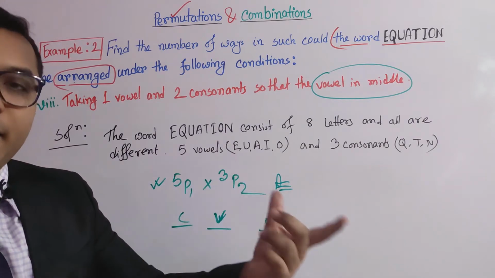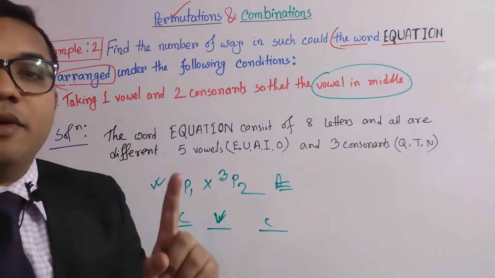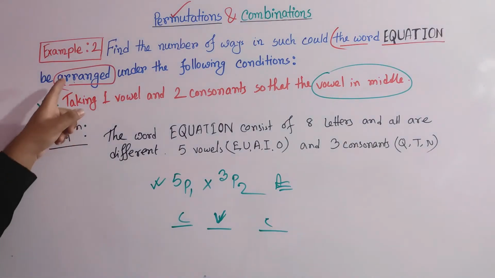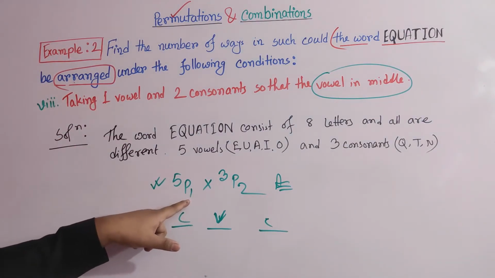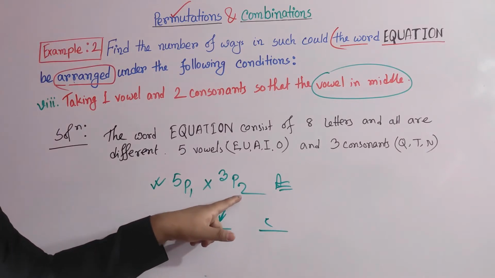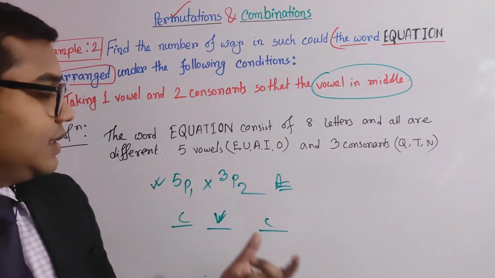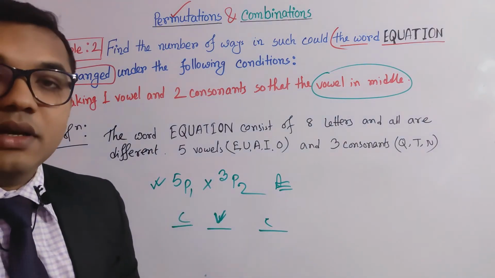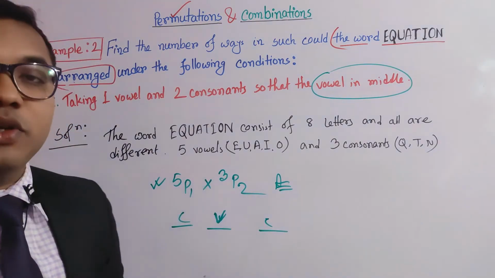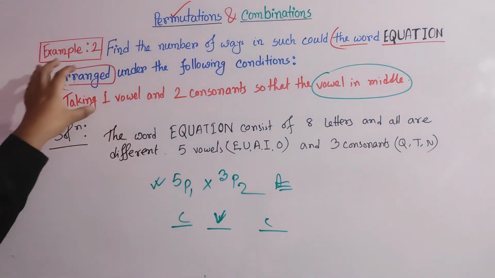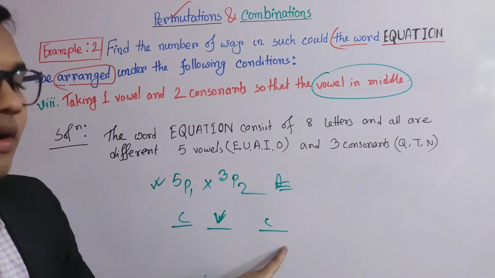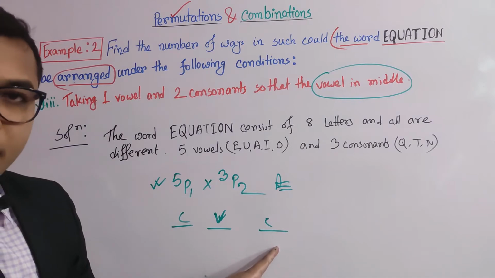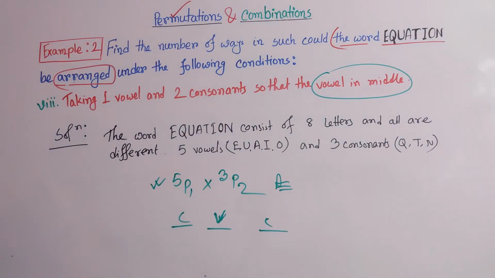Or we can write it this way: 1 vowel can be found by 5P1 ways, and 2 consonants can be found from the 3 options by 3P2 ways. And finally if we multiply those 2, then we will get our final answer. Clear?